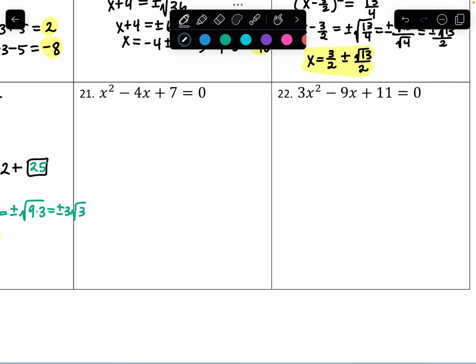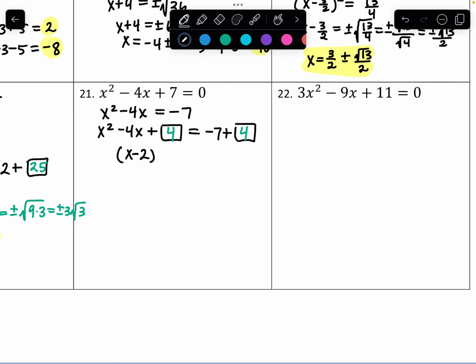Okay, over here we need to move the 7 over. Make room for the boxes. Half of b is -2. Square it, it's 4. Left side factors to (x - 2)^2.